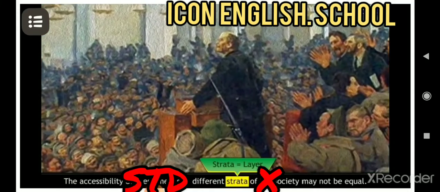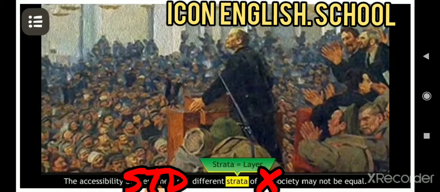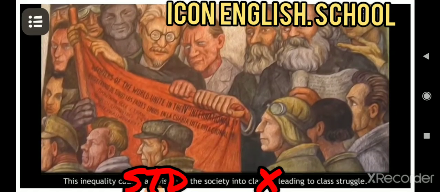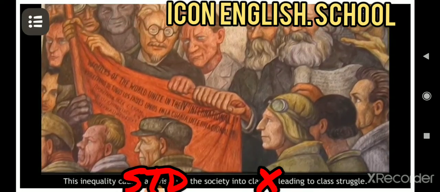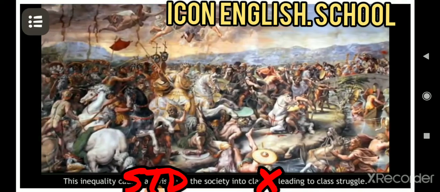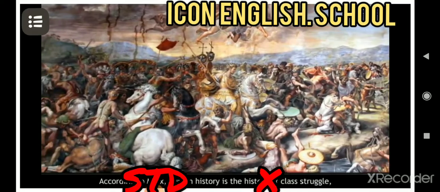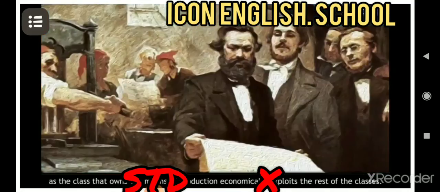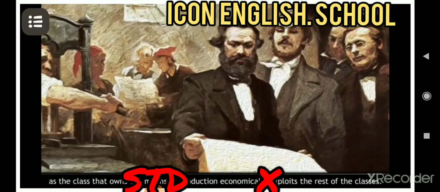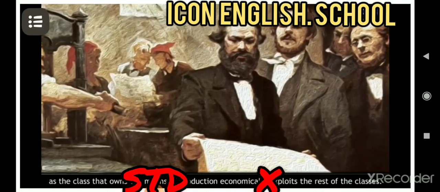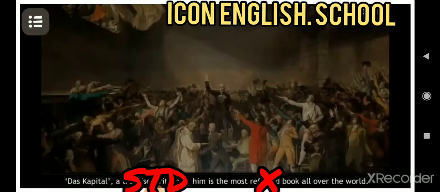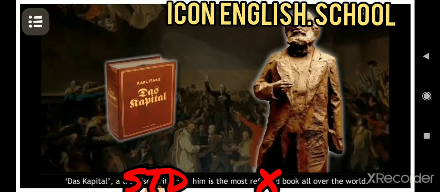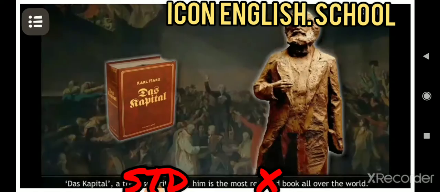The accessibility of these means to different strata of the society may not be equal. This inequality causes a division of the society into classes, leading to class struggle. According to Marx, human history is the history of class struggle as the class that owns the means of production economically exploits the rest of the classes. Das Kapital, a treatise written by him, is the most referred book all over the world.